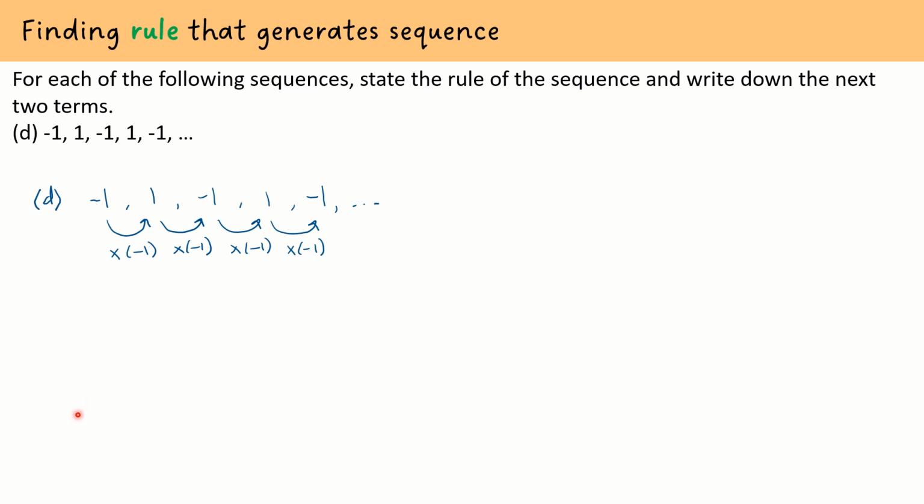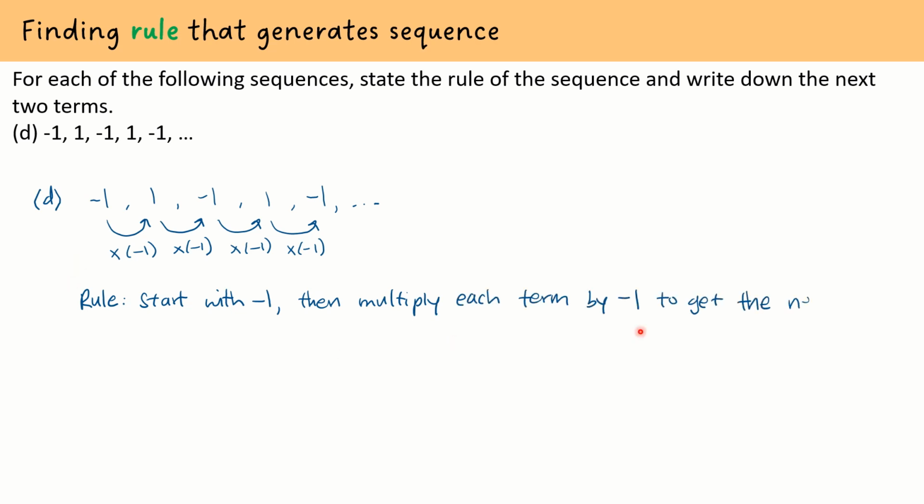My rule will then be stated as: starting with -1, multiply each term by -1 to get the next term. And my next two terms are quite obvious. It will actually be +1 followed by -1. I hope that with these 4 questions, you are able to understand how we write and generate a rule for a number sequence.